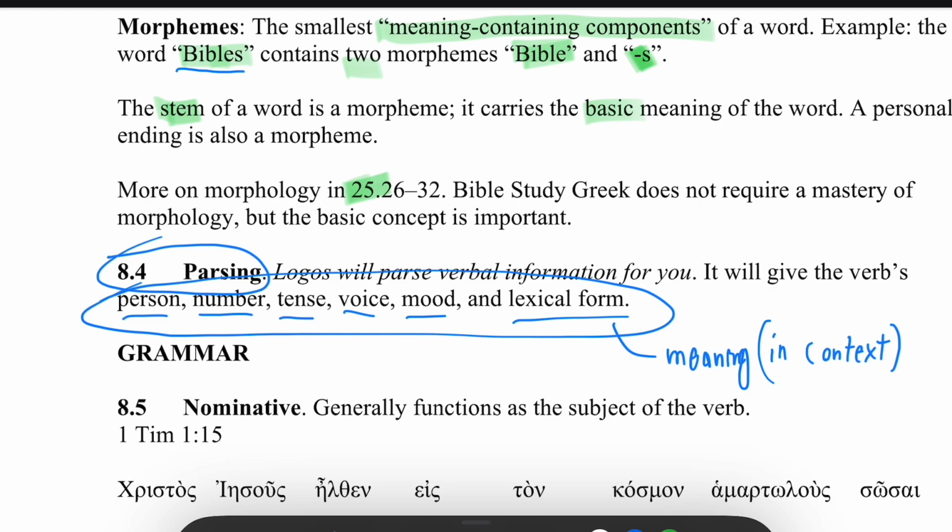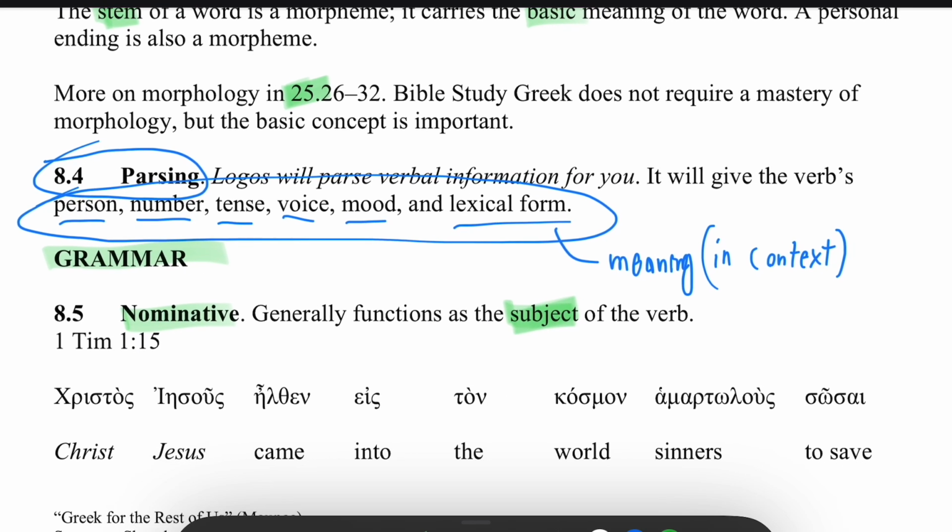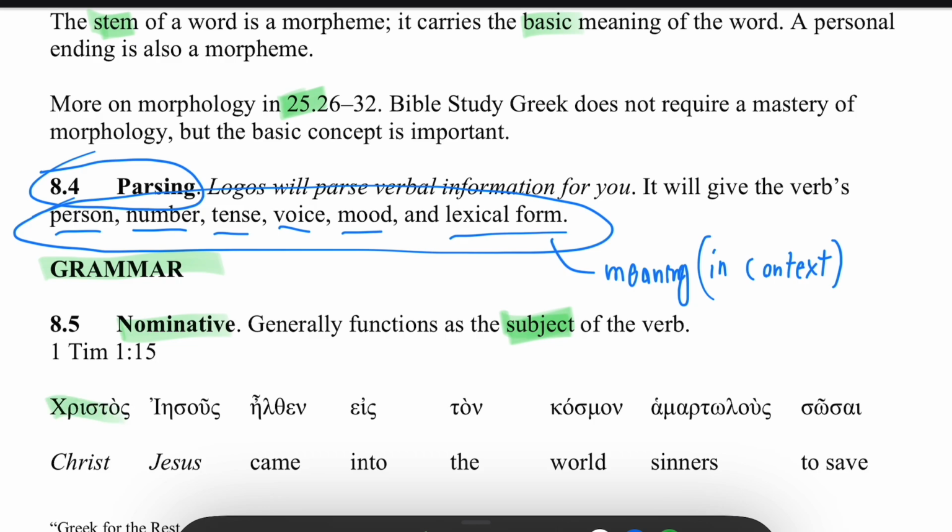All right, next we're going to look at grammar. And as we think about Greek verb grammar, first thing to note is that the nominative subjects, the nouns, will generally be the subjects of the verb. So in the example here, Christos Iesus eilthen eis ton kosmon hamartolous sosai.